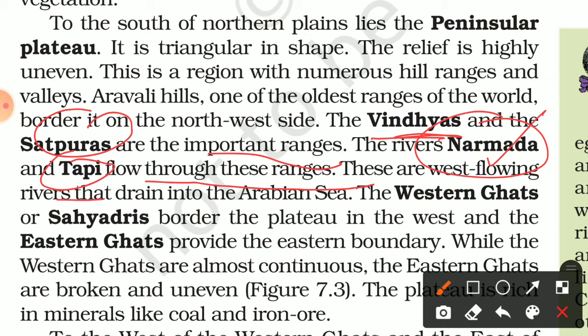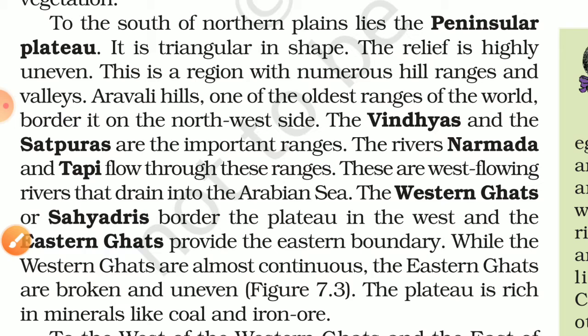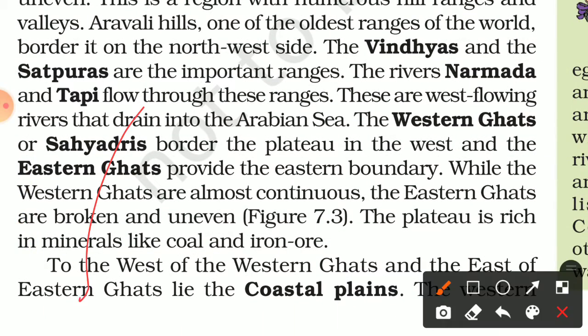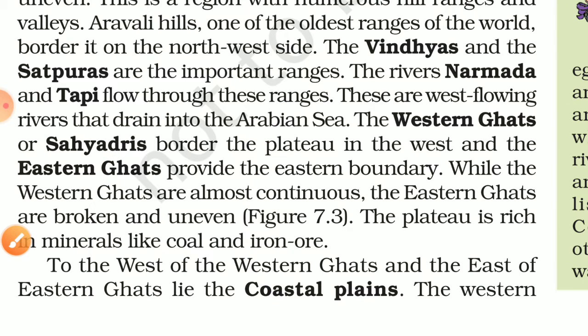Important is Narmada and Tapi. Vindhya and Satpura are important ranges, and the Western Ghats or Sahyadri on the west side, and Eastern Ghats on the east side, as I told you.